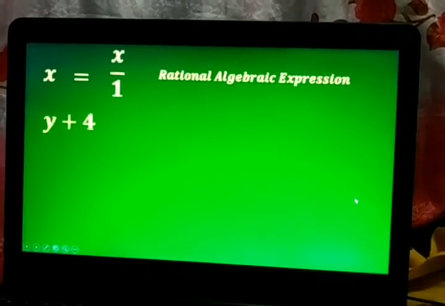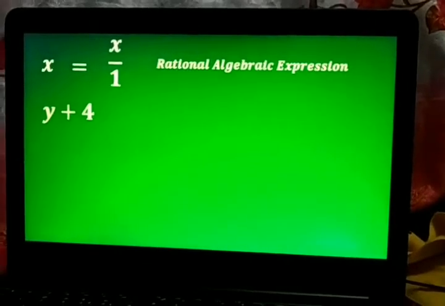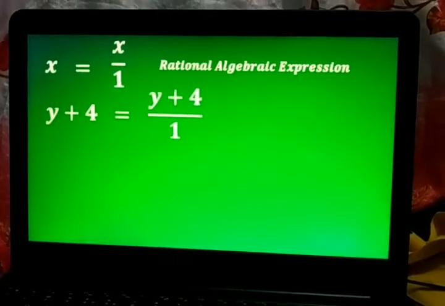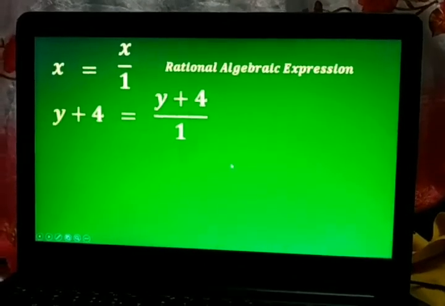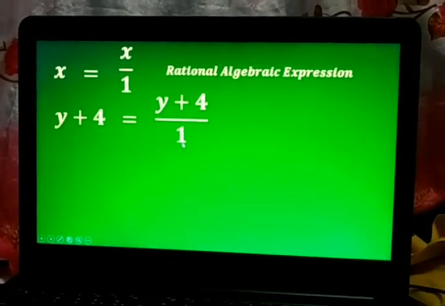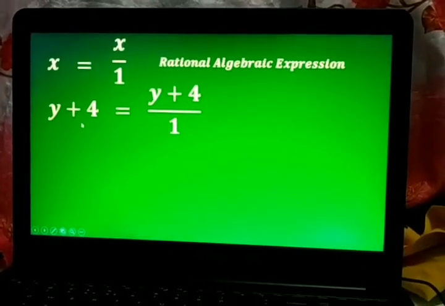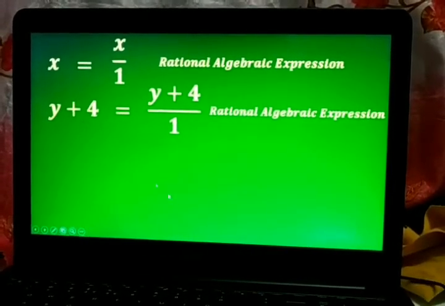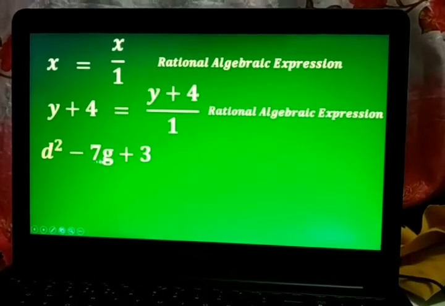Let's have another one. Y plus 4. Is that in a ratio form? Yes. It is a ratio form because y plus 4 has an automatic denominator of 1. And 1 is not equal to 0. Therefore, y plus 4 is a rational algebraic expression. Let's have another one. D squared minus 7g plus 3.